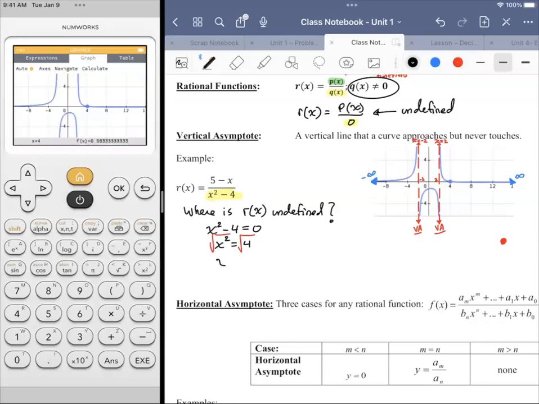So we get x equals plus or minus 2, which gives us x equals 2, x equals negative 2. All right. So R of X is undefined when x equals 2 or x equals negative 2. Those would be the vertical asymptotes.